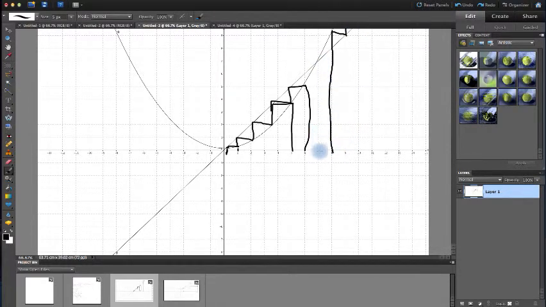Or if we started at 7, which is quite close to the answer, hits there, but then it goes across, then goes up, and then across, and then up, and then away. Once again, that just goes away from the answer. So this root here cannot actually be found using this method, which is very, very interesting, I think.